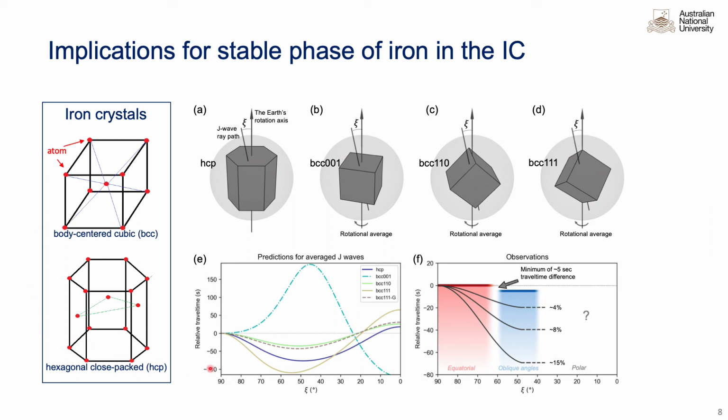For them, we simulate the anisotropy and compare the simulation with our observations. As you can see here, one of the curves for the anisotropy is opposite to our observations. That is for BCC 001. That means we can exclude this model, this crystal, inside the inner core.